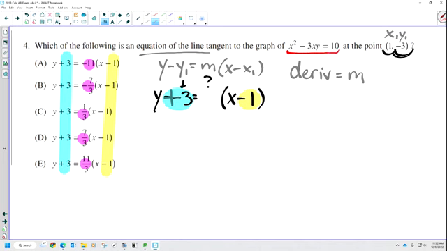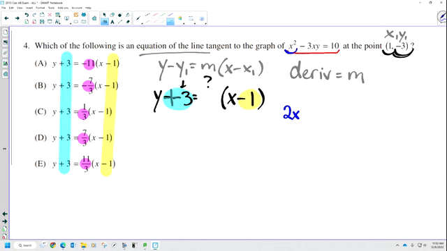So the first thing was the equation of a line. The second thing is when I take the derivative of that, I'm going to do it implicitly. I've got to take the derivatives of x's, of y's, of constants. I suppose you can try and get the y alone and then take the derivative that way, but this isn't going to be bad. Let's do it. First, the derivative of x squared is just 2x.